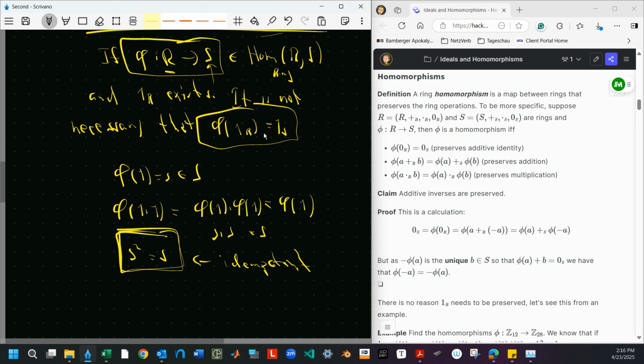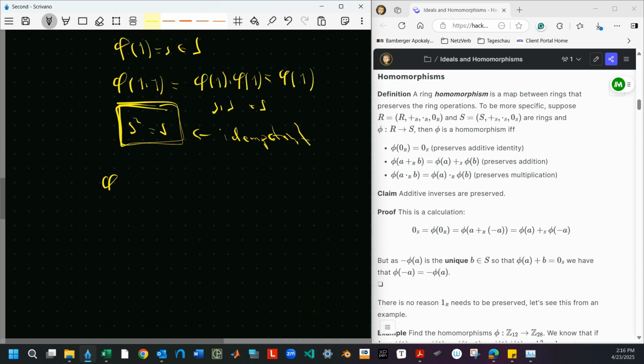So for example, if we have phi going from, say, R to Z, right? Okay, so suppose we have that, and say that this is a ring with unit, right? So the only idempotent, 1 in Z is the only element satisfying x squared equals x, right?